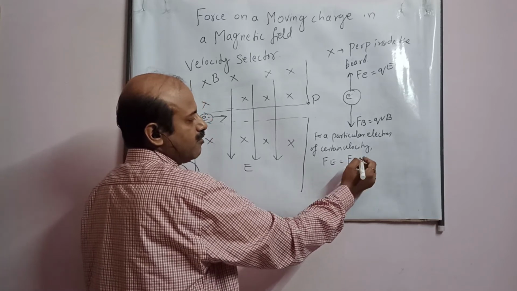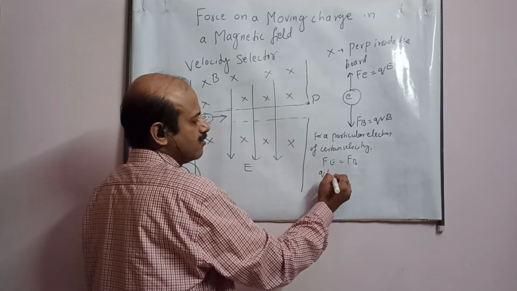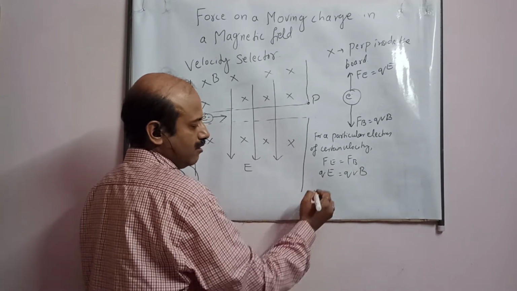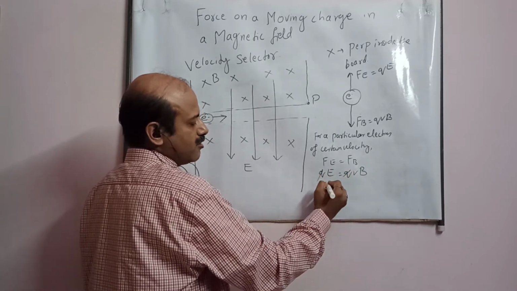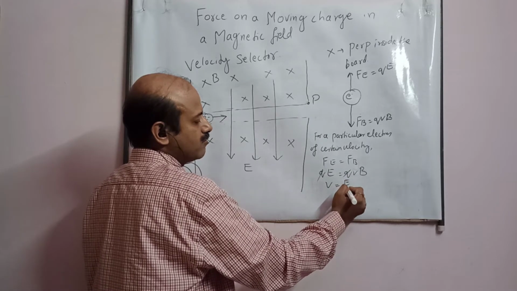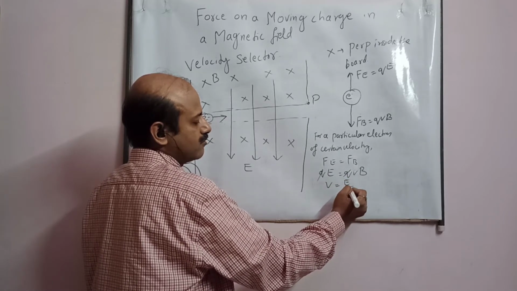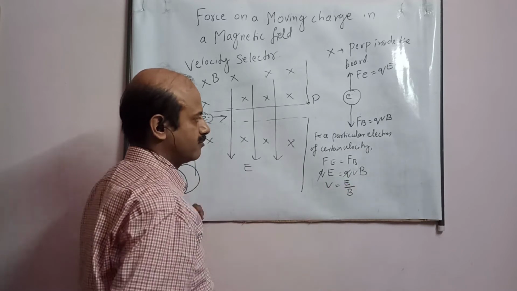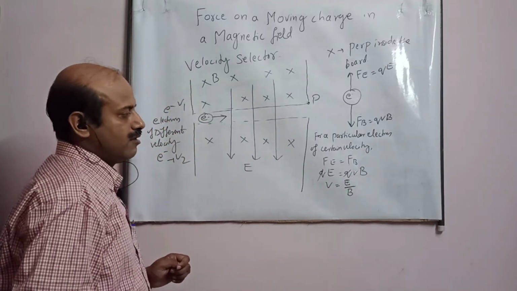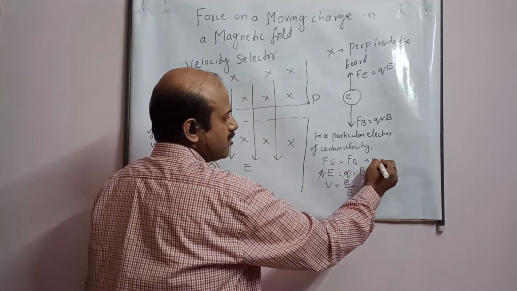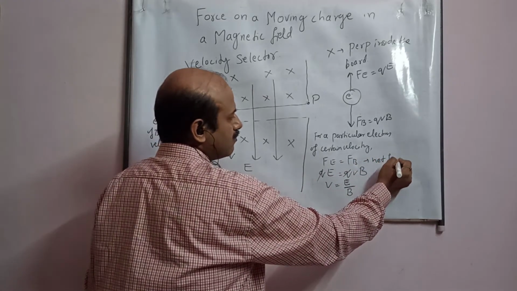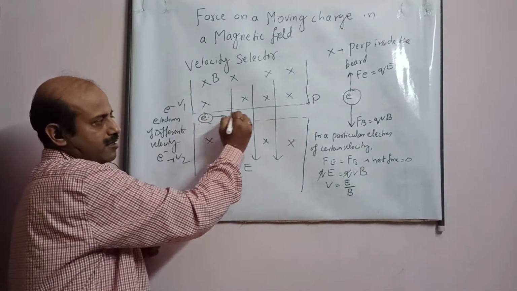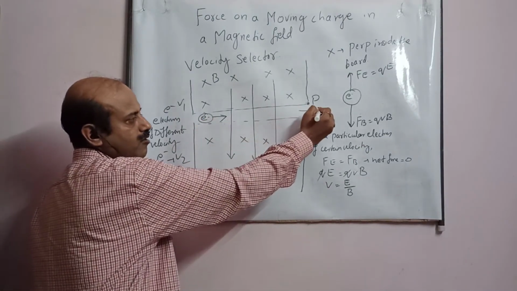This force becomes equal, student. This means the qE and qvB cancel, so I will get V is equal to E upon B. So in this case the net force is 0. So this electron will travel straight and it will come out of the hole, student.